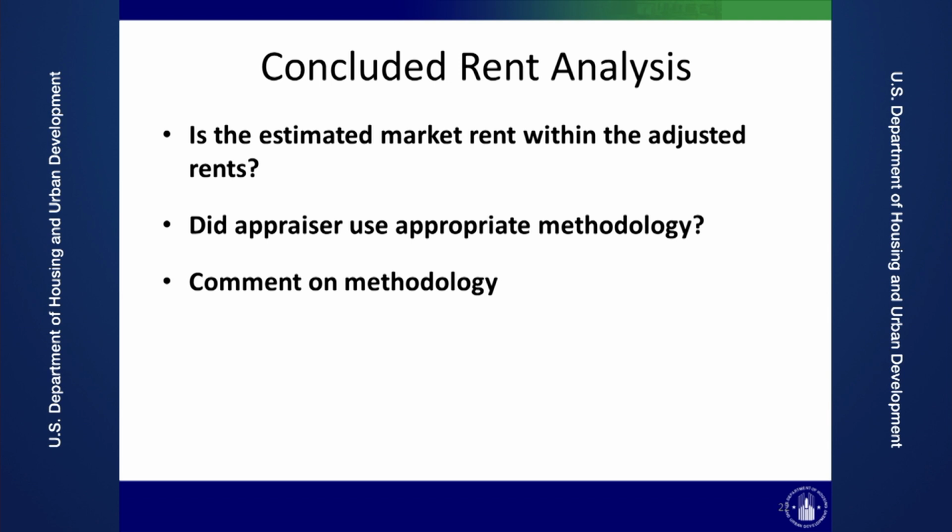Hopefully, the answer is yes. And did the appraiser use the appropriate methodology for coming up with those numbers? That is one of the big decisions that the reviewer is going to have to undertake and do a review of. Once they've come to that, they do the final assessment.